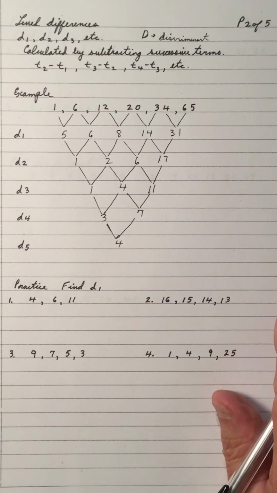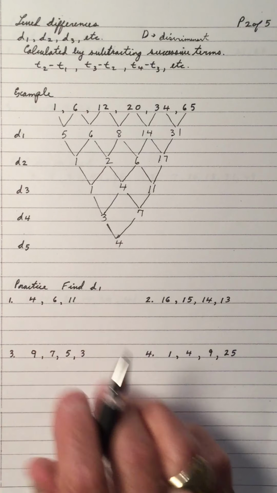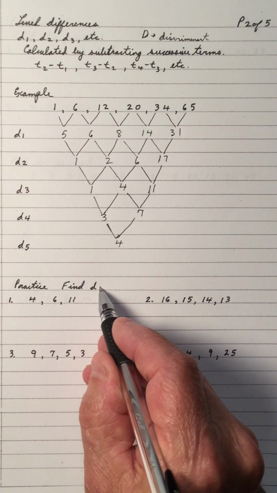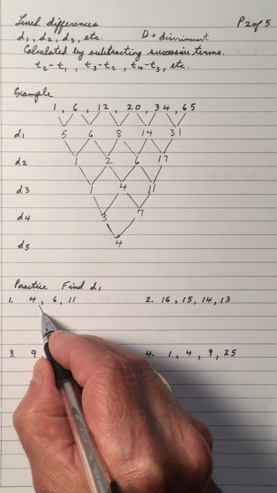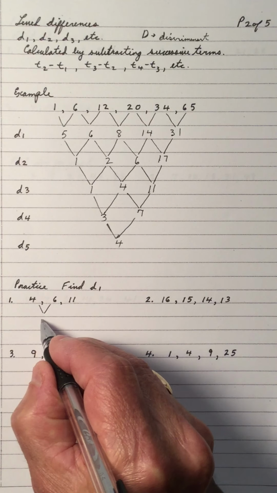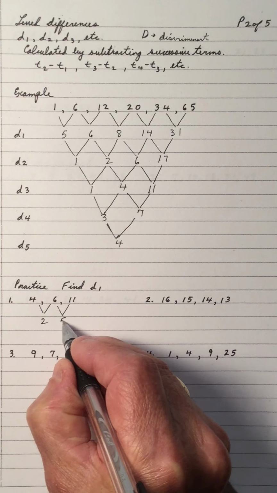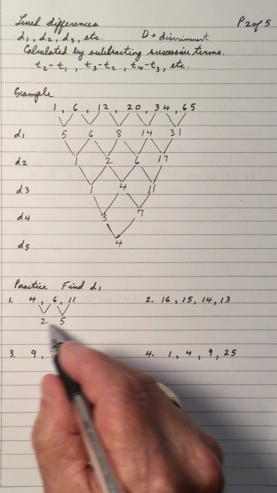So let's find some level 1 differences just for these numbers. Notice D1 is differences of level 1. So 6 minus 4 is 2. 11 minus 6 is 5. That's the first level differences.